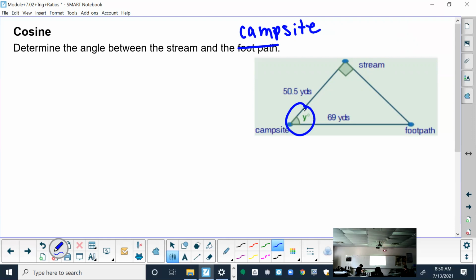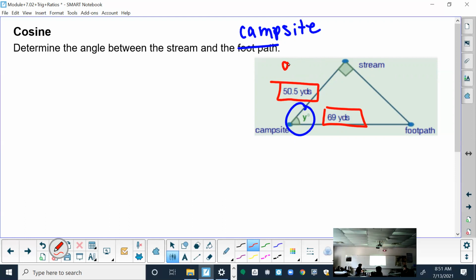Because we're looking at angle Y, so Y degrees, we need to label the two sides that it gives us. It gives us these two measurements. What side would the 50.5 yards represent compared to the Y angle?